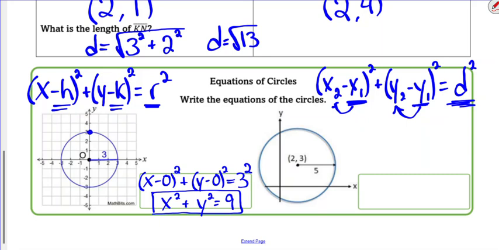This point with an x of 0 and a y of 3. x is 0, y is 3.